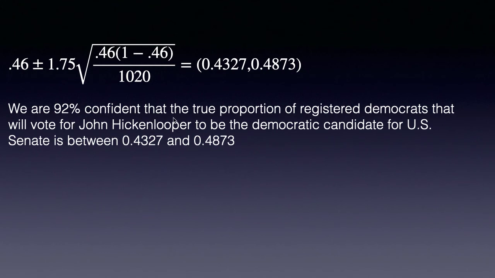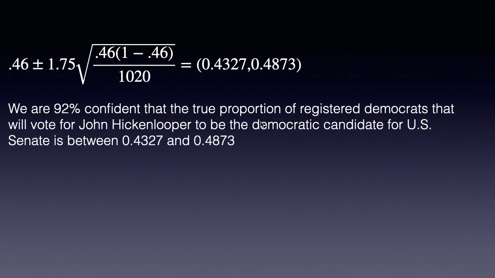So we are 92% confident that the true proportion of registered Democrats that will vote for John Hickenlooper to be the Democratic candidate for the U.S. Senate is between 0.4327 and 0.4873.